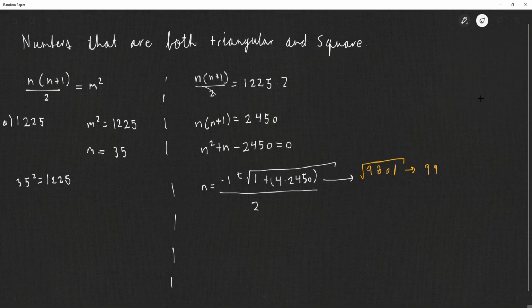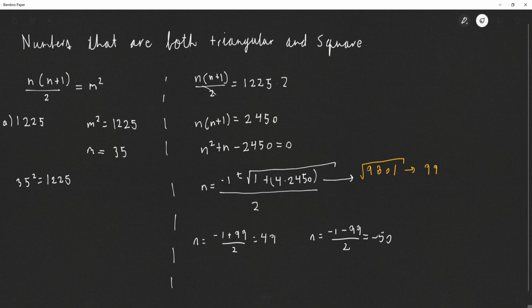So we get our two equations being n is equal to -1 plus 99 divided by 2, which gives us 49, and n is equal to -1 minus 99 divided by 2, which gives us -50.